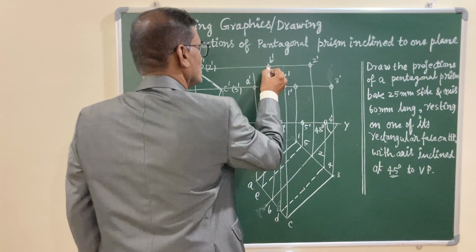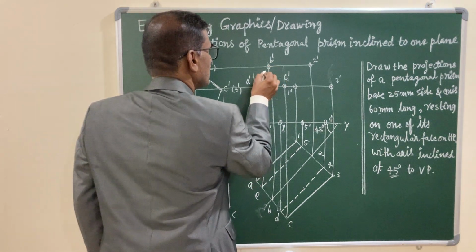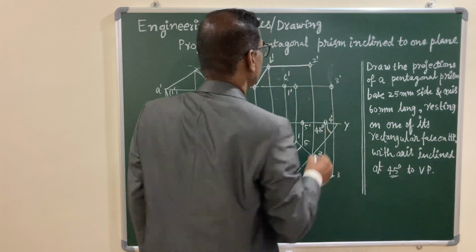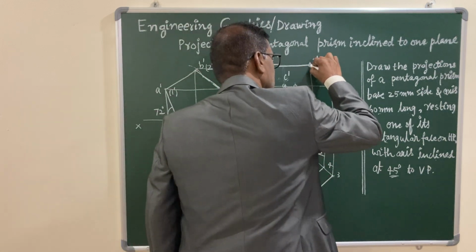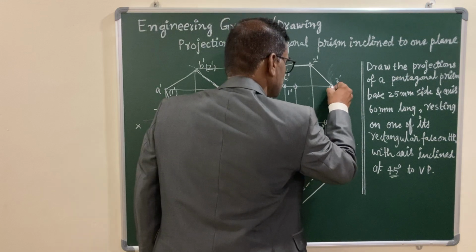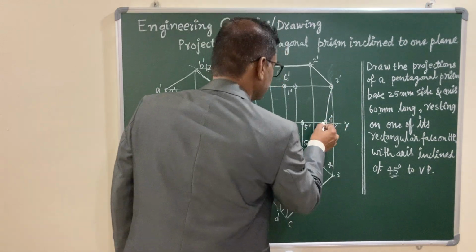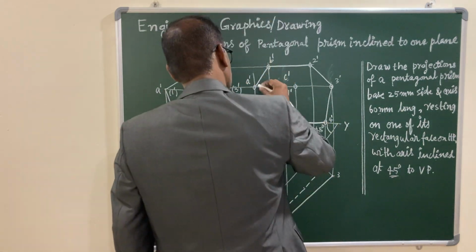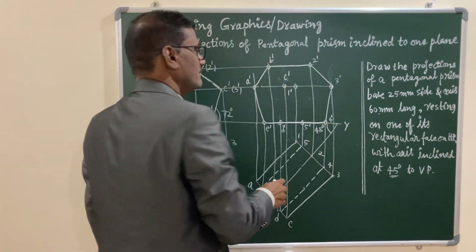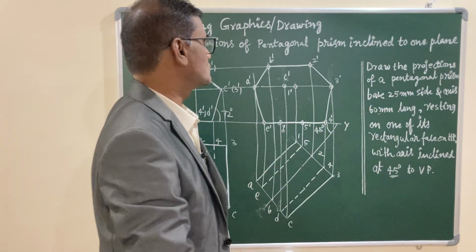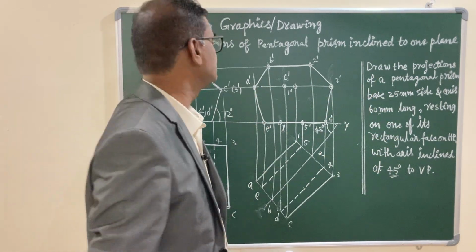First you join all the border lines. AB is the border line, B prime 2 prime is a border line, 2 prime 3 prime is a border line, and 3 prime 4 prime is a border line, and up to this point E is the border line. Let us observe carefully. Without any analysis, I am just completing the outer lines of the solid which are visible.